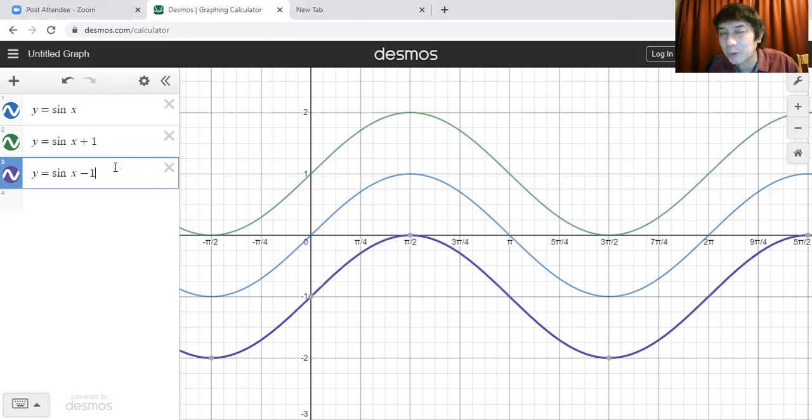So we were able to learn amplitude, the frequency and horizontal translation, and the fourth one is the vertical movement, either up or down. So let's have a review.